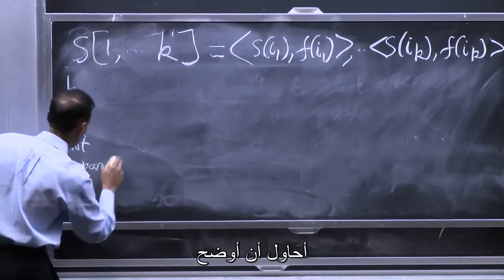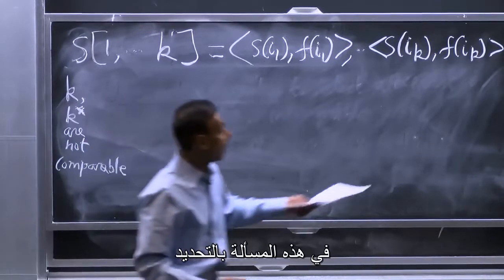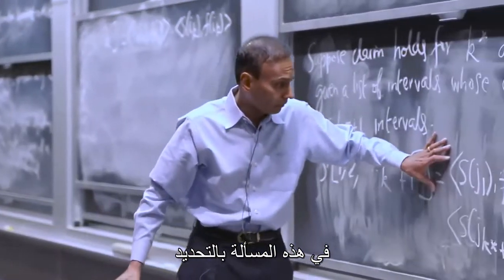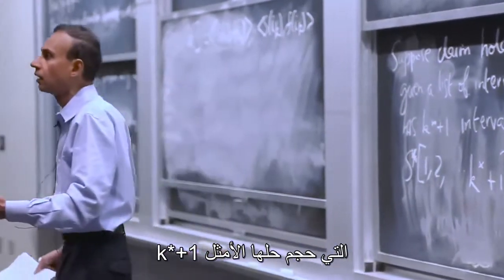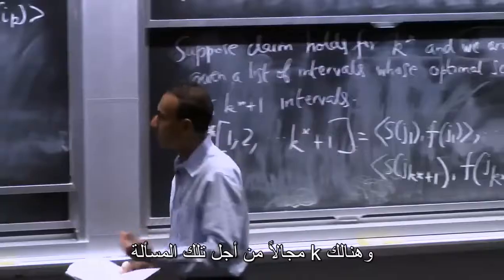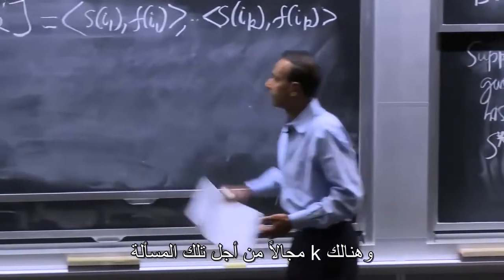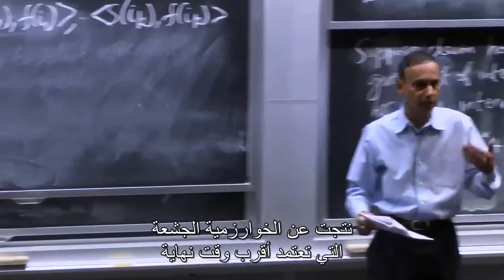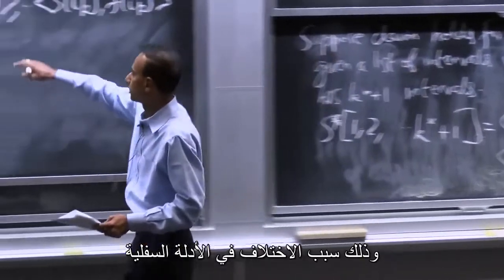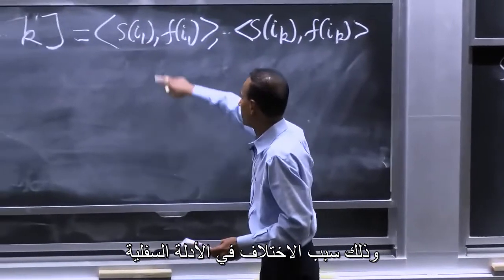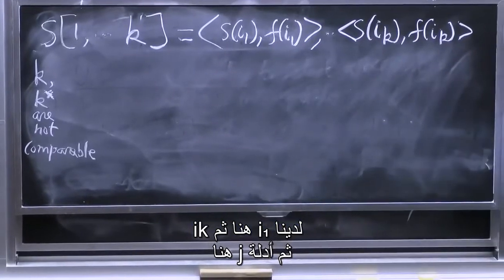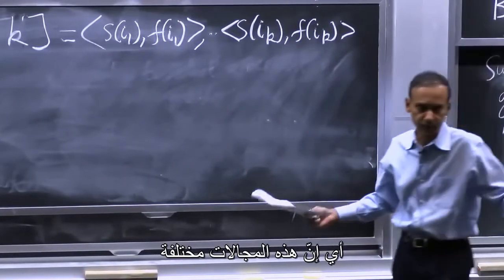I'm just making a statement that I took this particular problem that has k star plus 1 in terms of its optimal solution size, and for that problem I have k intervals that are produced by the earliest finish time greedy heuristic. Okay, and so that's why the subscripts here are different. I have I1 here and IK, and then over here I have the J's. Right? So these intervals are different.